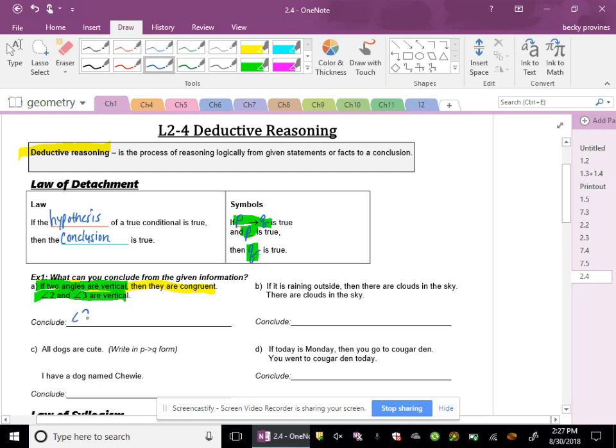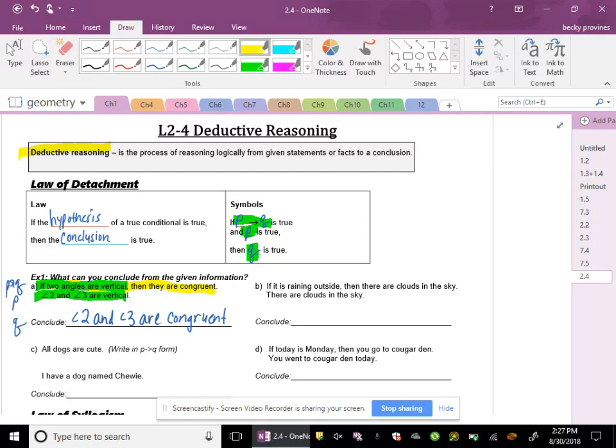So angle 2 and angle 3 are congruent. That follows the law of P, then Q, then the P, and then the Q. So we're done. Now, if it doesn't follow the law, then we're going to say there is no conclusion. But that one definitely followed the law.